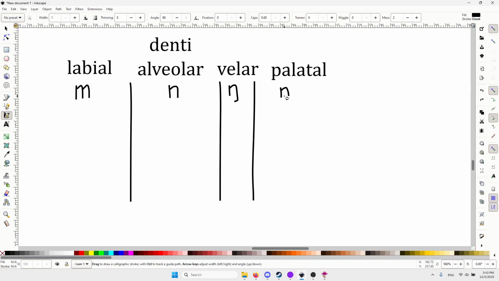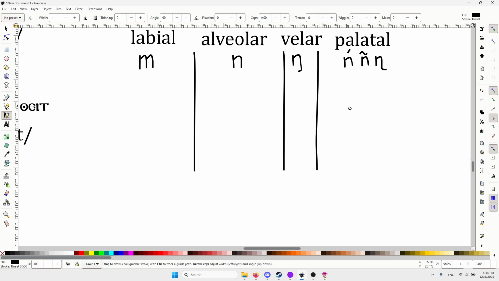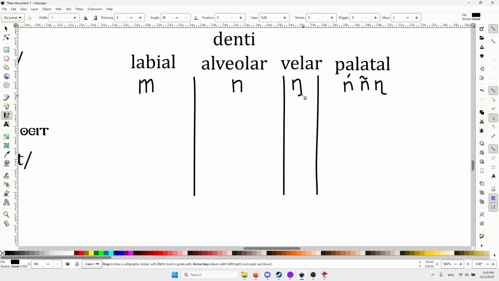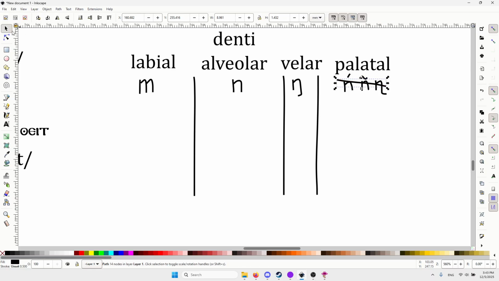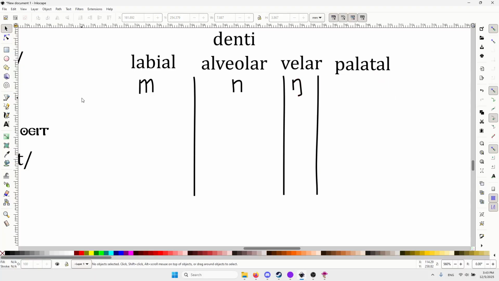I can't actually remember what the symbol is, but in Polish you would write it like this, in Spanish like this. It doesn't matter because Gothic doesn't have this sound, so it doesn't appear in Gothic.